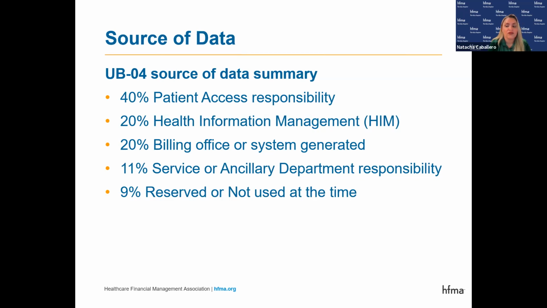A summary of the UB04 source data is the following: 40% patient access responsibility, 32 form locators related to demographic and insurance data gathering. 11% service or ancillary department responsibility, that's 9 form locators related to charging or time of service documentation. 20% is health information management, or HIM, 16 form locators related to coding of services or documenting chart information. 20% is billing office or system generated, and that's 16 form locators completed as applicable during the post-encounter process.